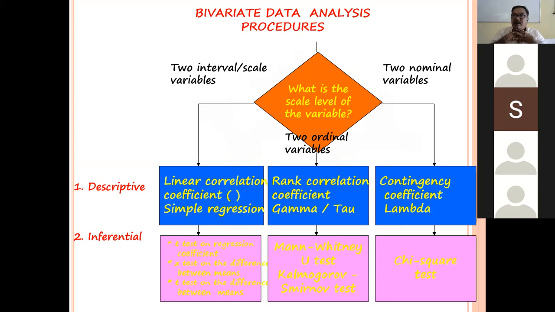But how can I believe those regression coefficients? That's again the question. So again, you have to give proof for that. When you give proof in the form of a t-test, then your regression coefficients are acceptable.